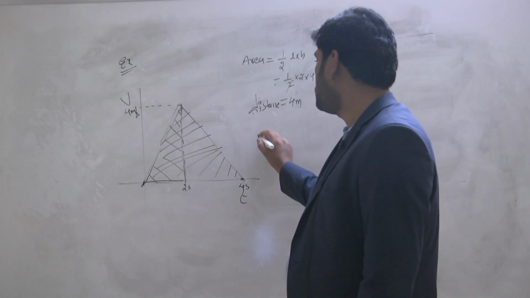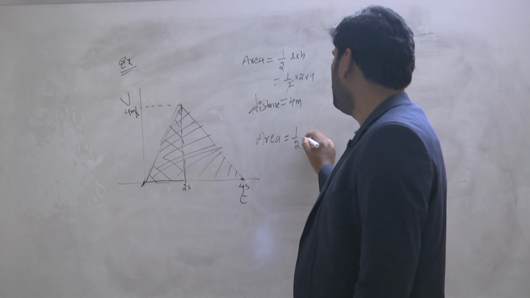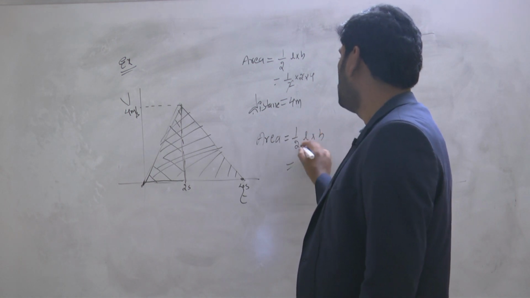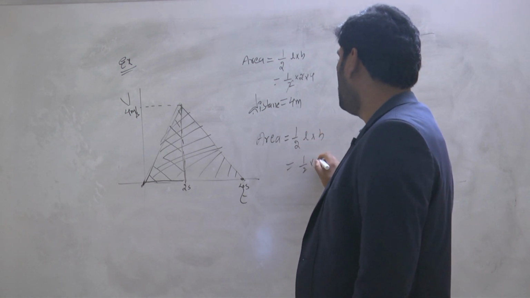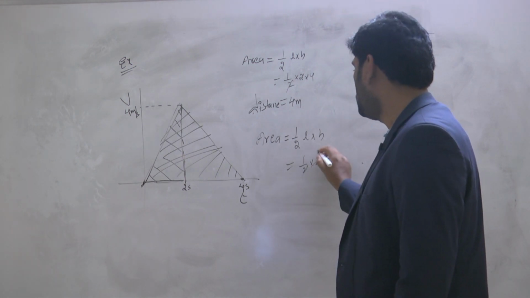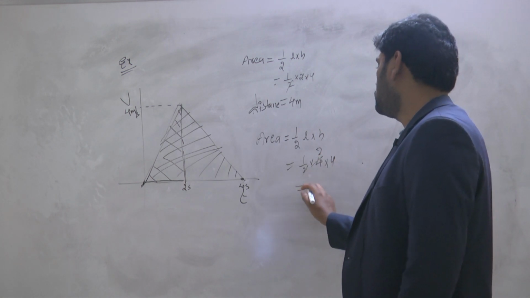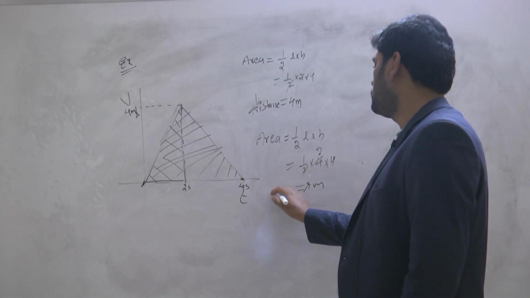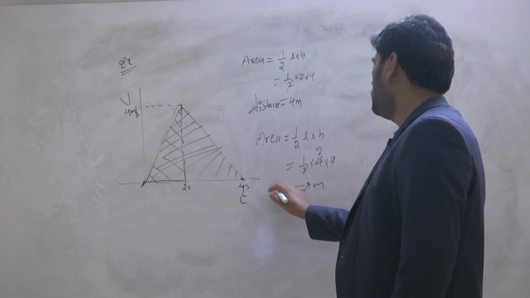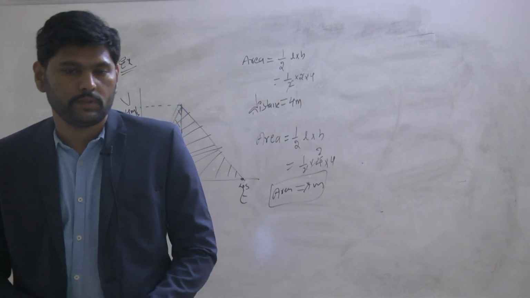That is also the area of a triangle: half into base into height. Half into 4 into 4 gives 8 meters. So the area under the graph represents a total of 8 meters.